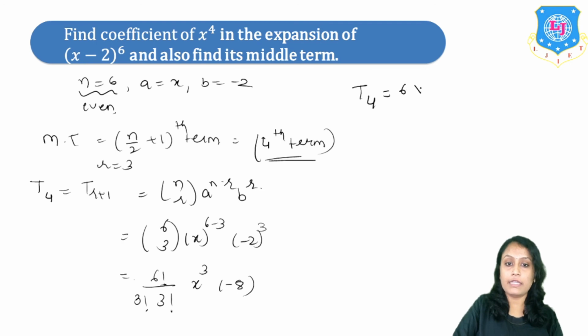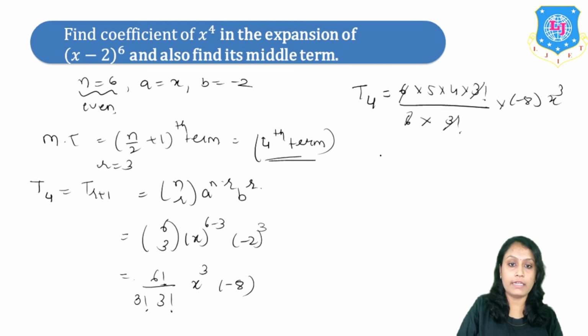Here 6 factorial, that is 6 into 5 into 4 into 3 factorial. This 3 factorial will simplify, that is 6. And here 3 factorial will stay as it is, this minus 8 into x cube. This 3 factorial will get cancelled, 6 will get cancelled. So we have 5 into 4 into 8. So it will give you minus 160 x cube. Right, so this is your middle term. So I hope you have understood throughout the session. Thank you for watching.